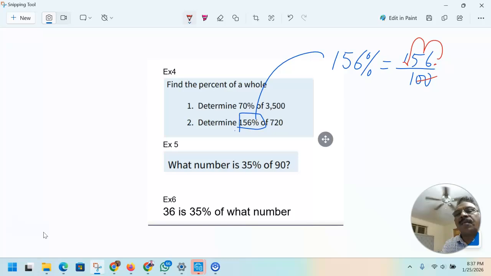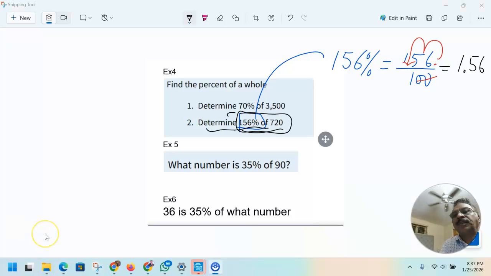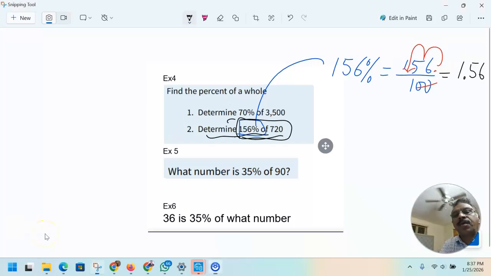That means the percent becomes 1.56. The question asks, so we need to know the part, right?